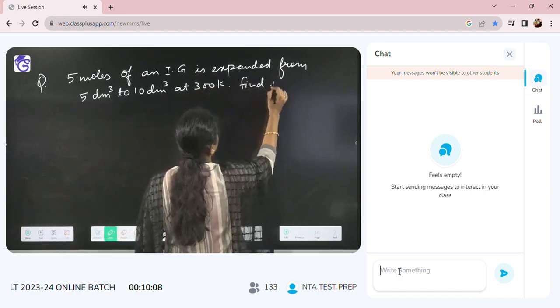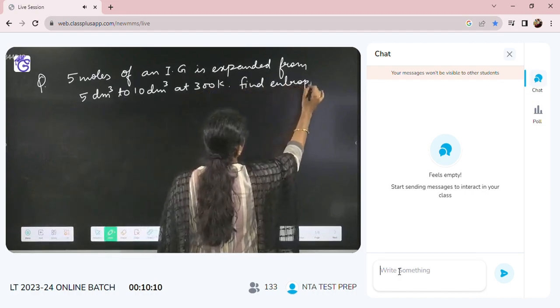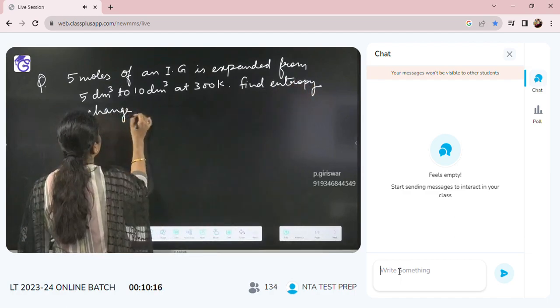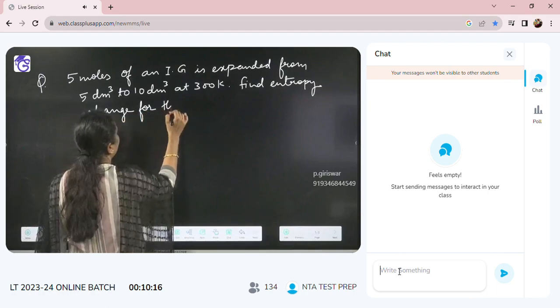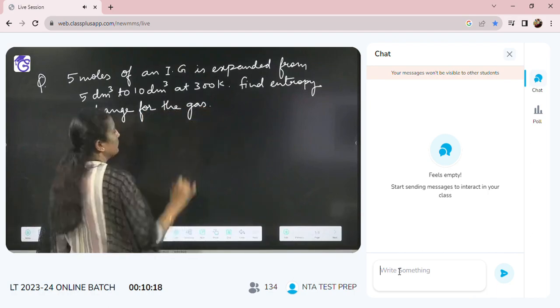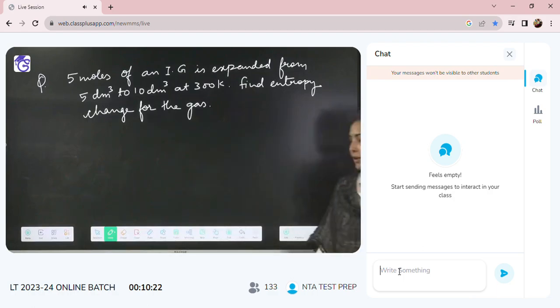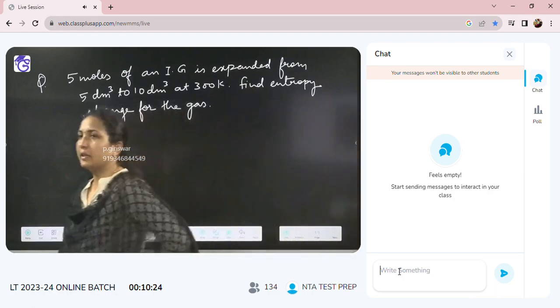Find the entropy change for the gas. Find it out, and you can keep your answer in terms of R, ln, whatever you are having.